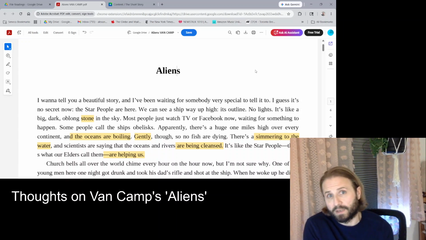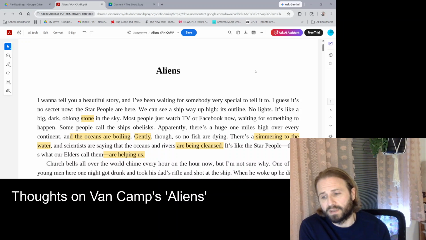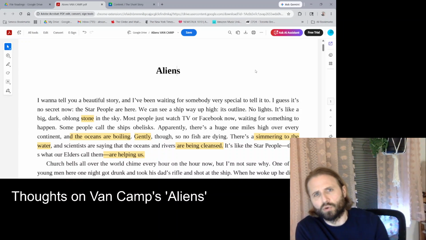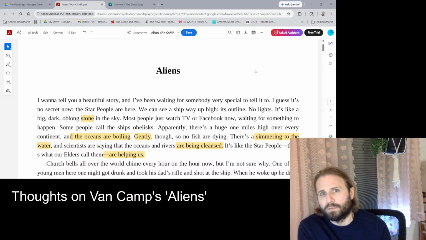And we see that right in the beginning when the author Van Camp is talking about the mysterious obelisk, the star people in the sky. But there's nothing specific that they know about them. This oblong stone is just sitting in the sky there. But then also, you notice that the mysterious aspects of the aliens in the sky is one thing to notice, but the consequences don't seem all that bad.